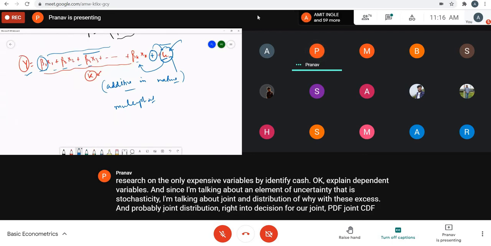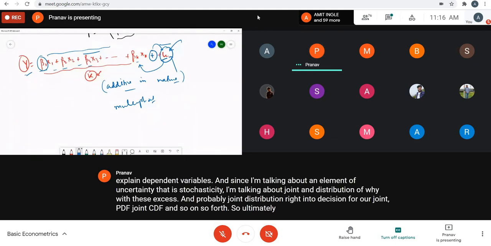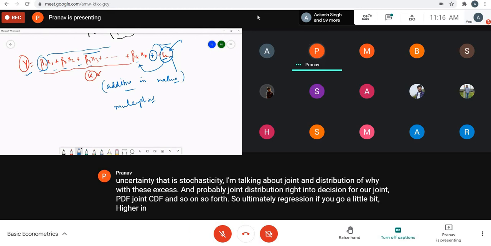So ultimately, if you go a little higher in notation, regression is nothing but the conditional joint distribution of y with x's.